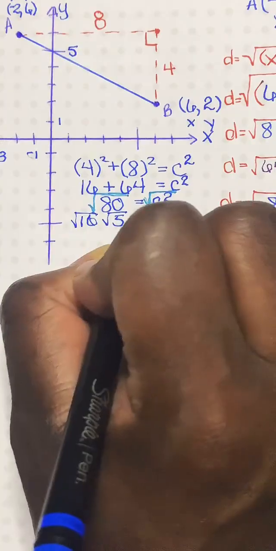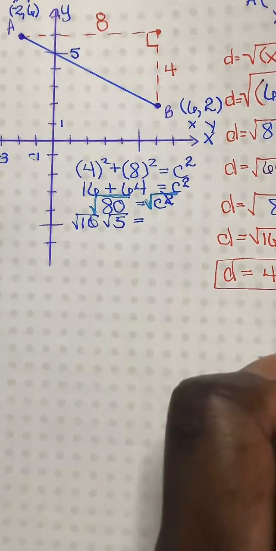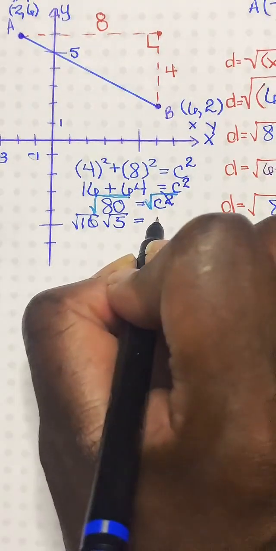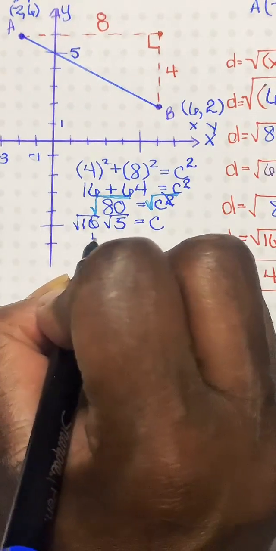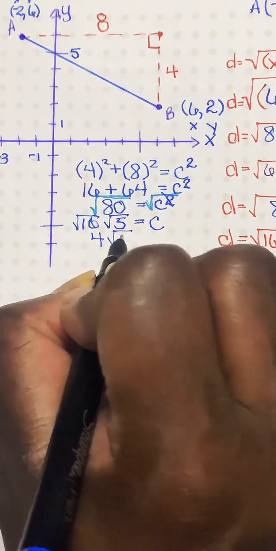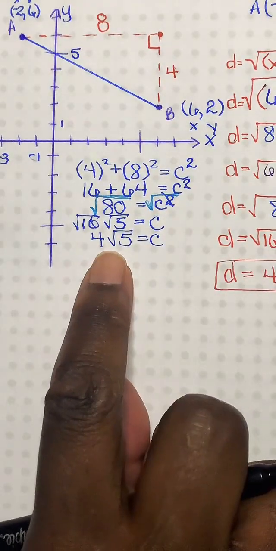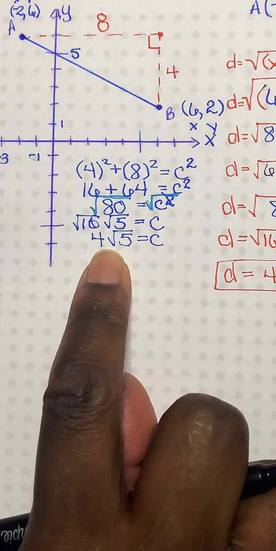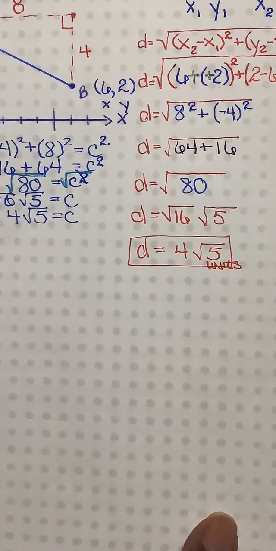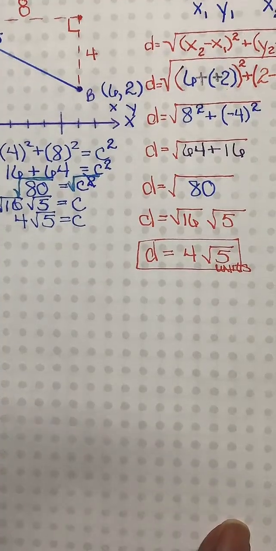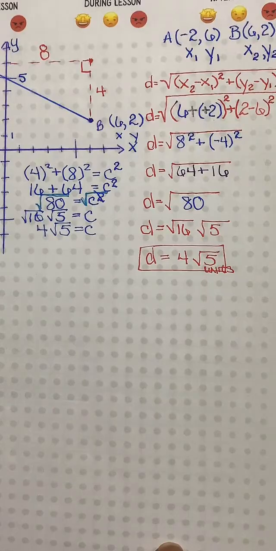And the square root of c squared, the square and the square root, they're inverses of each other, so they cancel out to give you c. And then what's left is 4 square root of 5. So the length of that side is 4 square root of 5. Does that sound familiar? Okay?